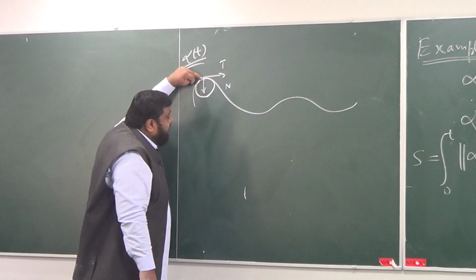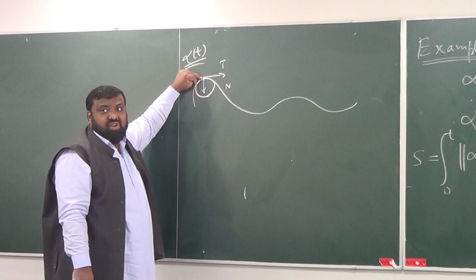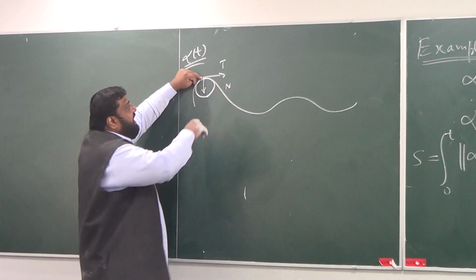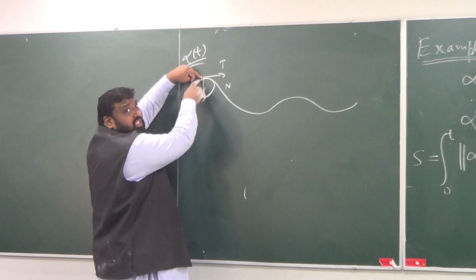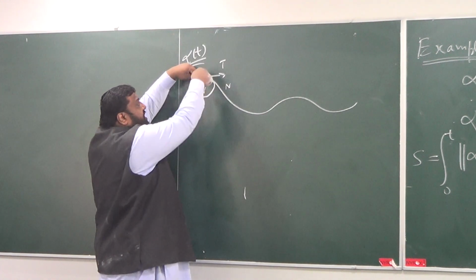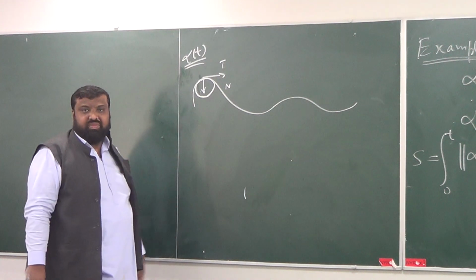If at this point you want to compute the curvature of the curve, one way is to compute this osculating circle, and its radius. One over r gives you the curvature.